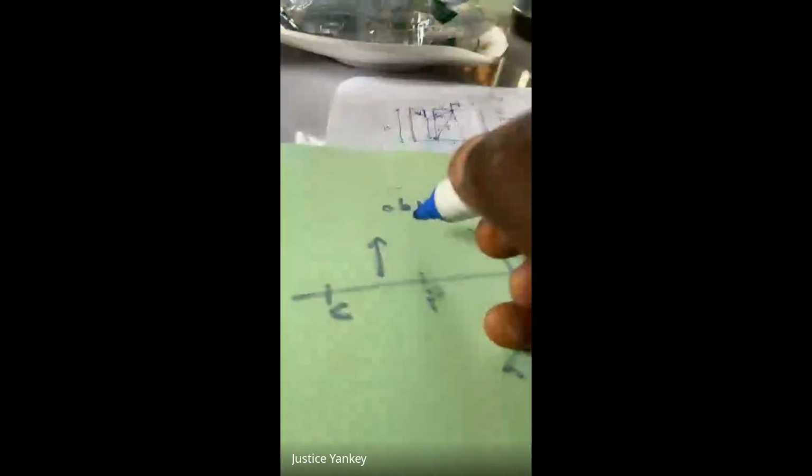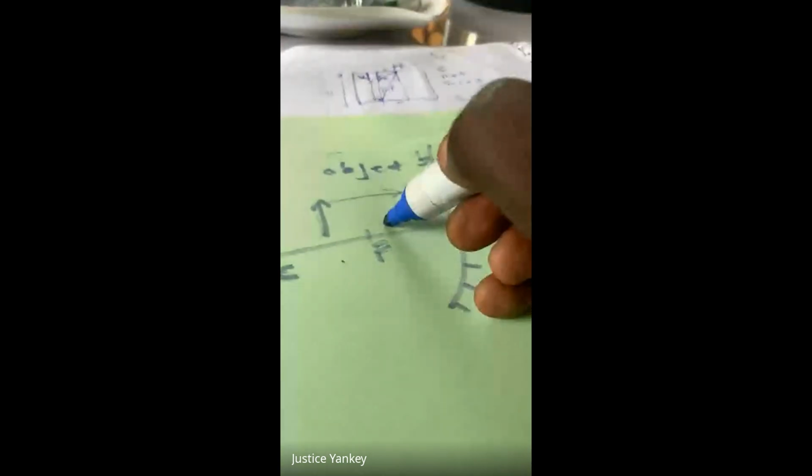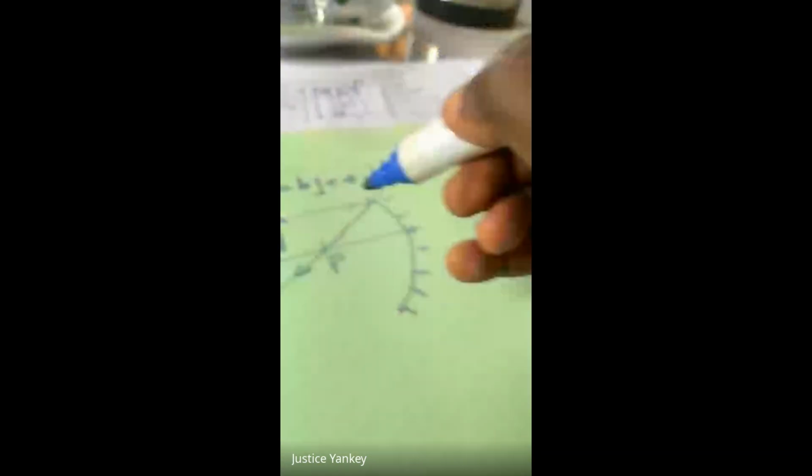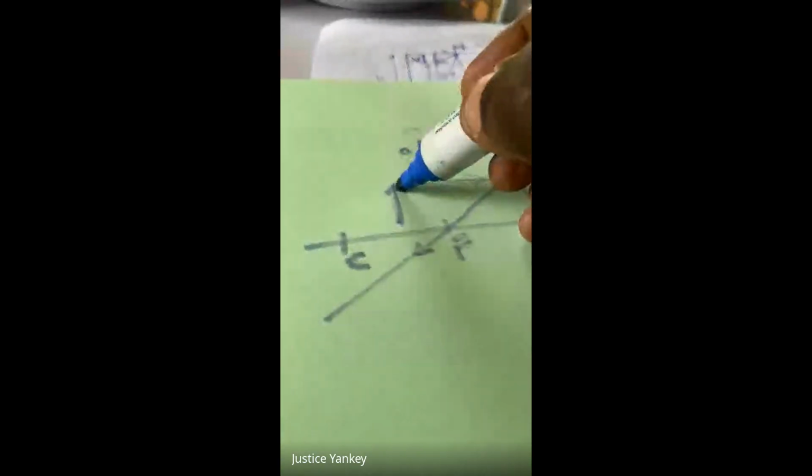We want to look at how the image will be formed. So as we said, a ray from the head of the object traveling parallel to the principal axis will be reflected towards the focus. So it goes that way. That is the reflected ray towards the focus. Then another ray from the head passing through the focus like this.